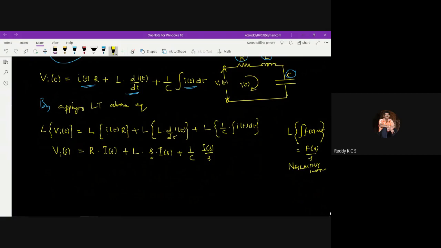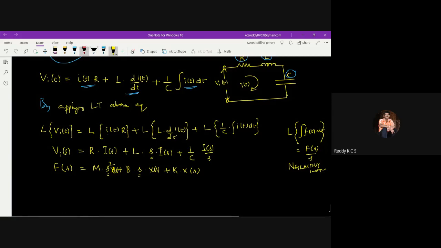So we need to bring them to the same coefficient, that is s square.